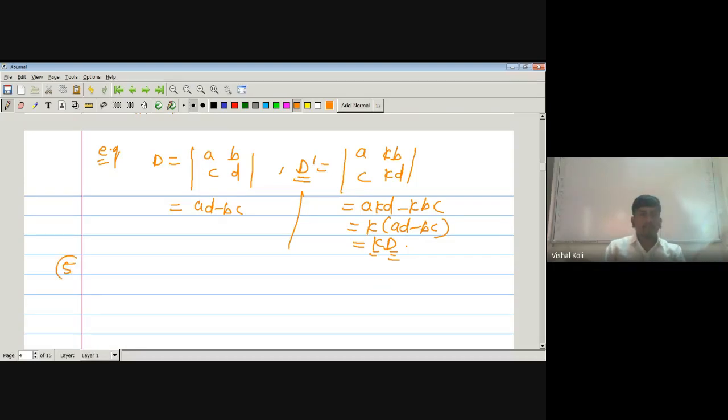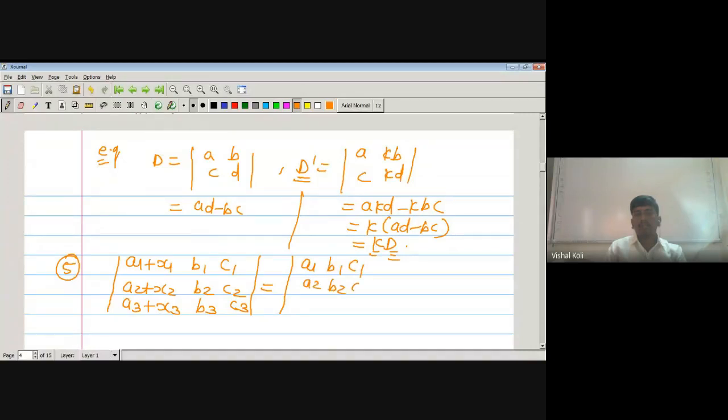And the fifth property will be: if there is a determinant a1 plus x1, b1, c1, a2 plus x2, b2, c2, a3 plus x3, b3, c3, then it is equal to the determinant a1, b1, c1, a2, b2, c2, a3, b3, c3 plus the determinant x1, b1, c1, x2, b2, c2 and x3, b3, c3.